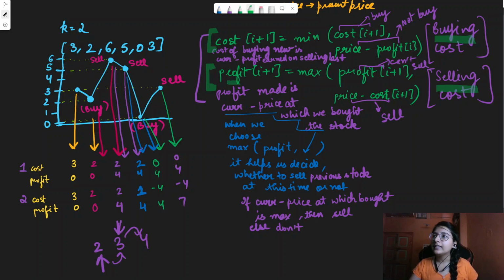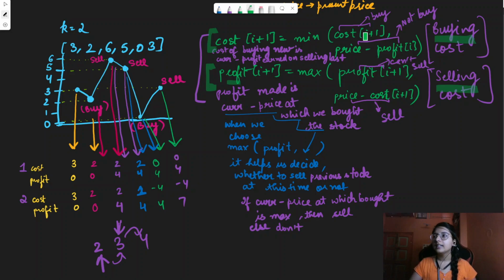And the next thing is profit of i plus 1, which basically represents our selling cost. So here we will be checking for the maximum of the profit which we earn after selling our stock, or the profit made by the current price which we are having, subtracting the price at which we bought the stock.